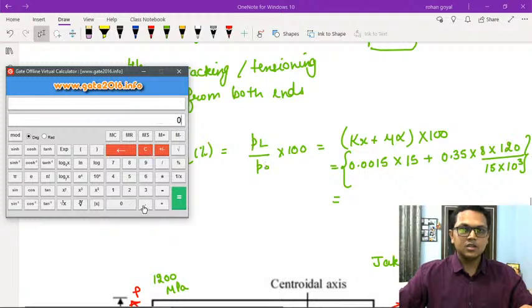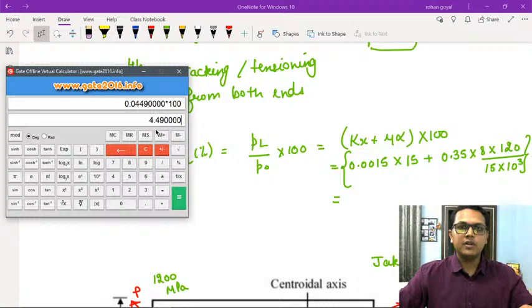So it is 0.0015 multiplied by 15 plus 0.35 multiplied by 8 multiplied by 120 divided by 15 into 10 raised to power 3, the whole expression multiplied by 100.